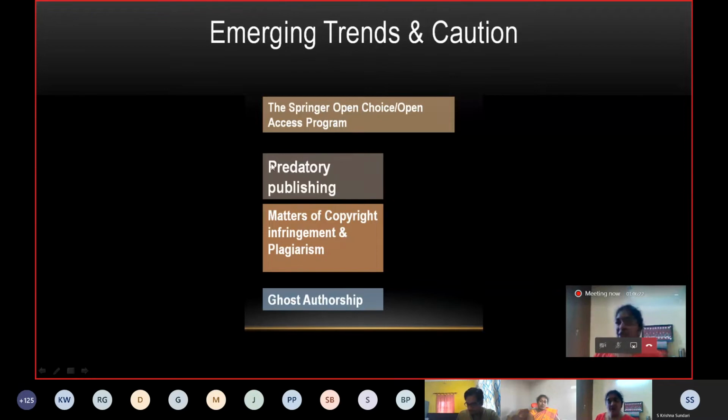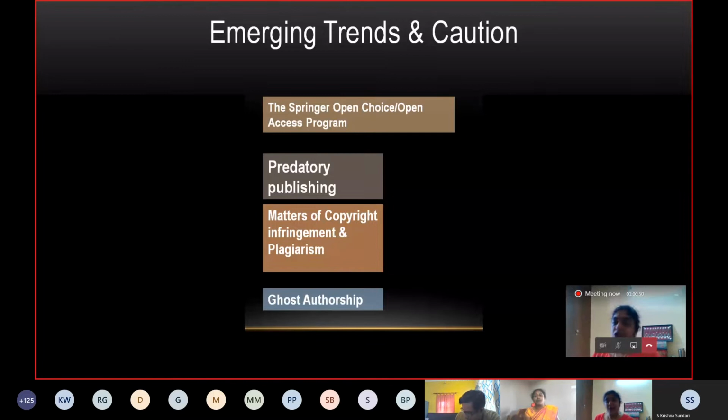Then there is something which is called predatory publishing. Now, what is predatory publishing? These days, there are multiple journals which are cropping up, mushrooming, which take some amount of money and publish your articles without peer review, without checking plagiarism, without following the ethics of scientific conduct.